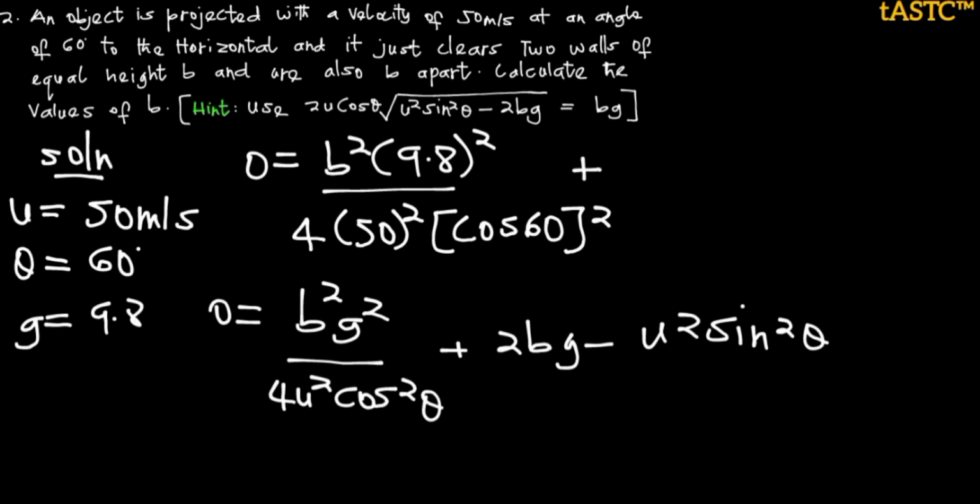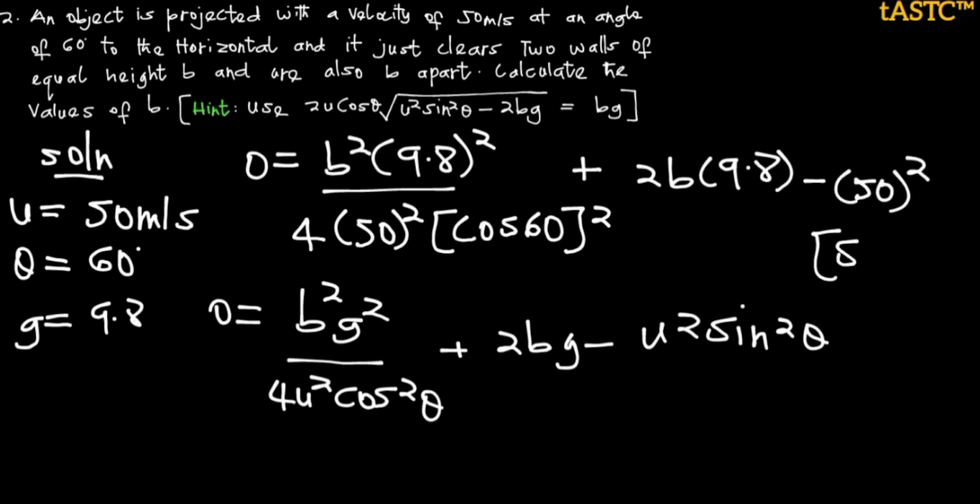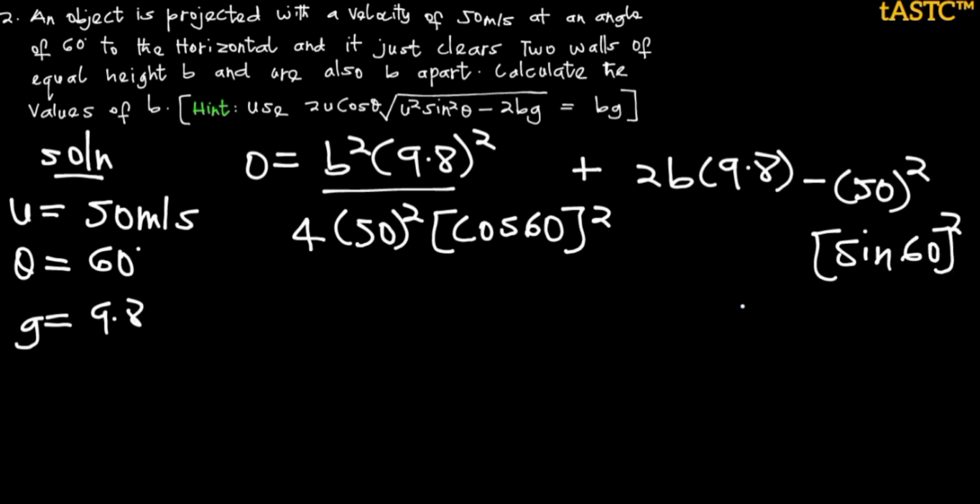This will be plus 2bg, so that is 9.8. We're going to have a minus u squared, which is 50 squared. In here we have a sine 60, that is also going to be squared. So let's see what that is going to give.